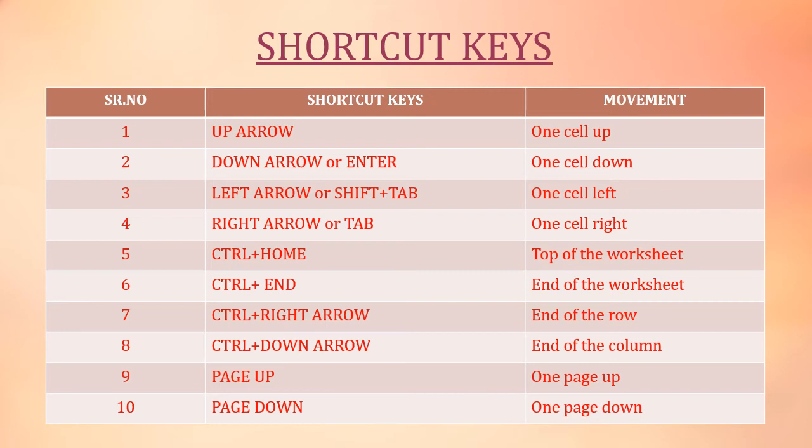In order to move to the end of the column, use Control plus down arrow key. When you want to move one page up, Page Up is the shortcut key. And to move one page down, Page Down is the shortcut key. Clear, students? So these are the shortcut keys which help you to move around the spreadsheet.